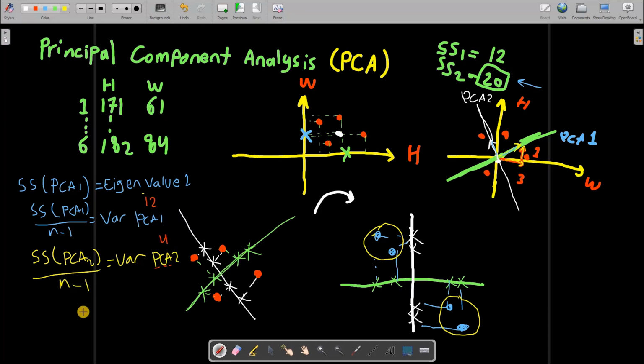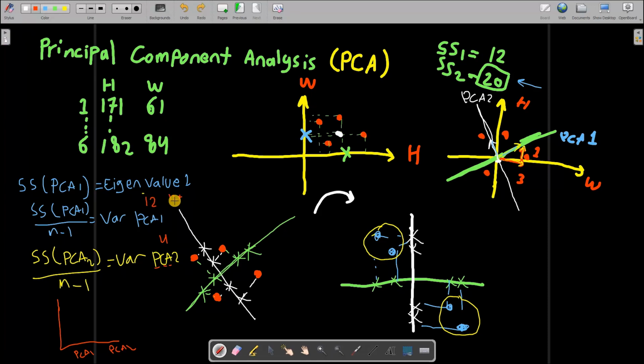This is why we have a plot that we usually plot for PCA, which is called a scree plot. Now, what is a scree plot? A scree plot is going to be like the following. It draws here PCA1 and PCA2, and then here you have the variation percentage. All right? So how do we calculate the percentage? We just need to calculate the total of the PCAs and divide each one of them.